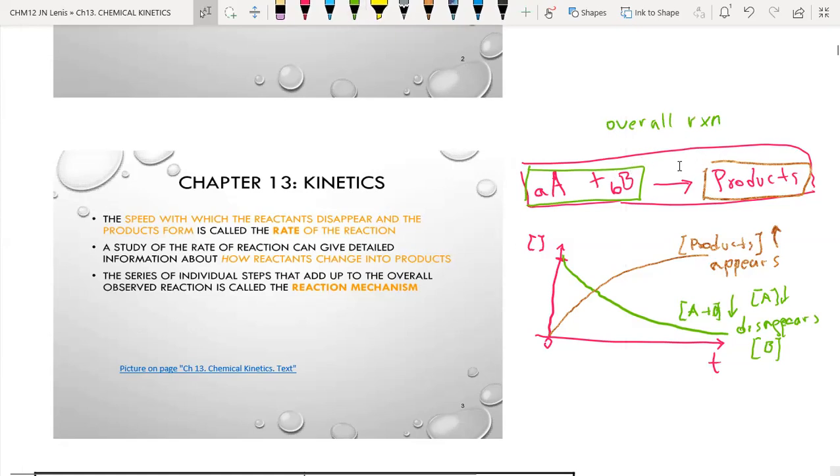Sometimes in a particular reaction it is a lot easier to measure how fast concentration of A disappears. So you use that to measure the whole speed. And that is what we call the rate of the reaction. And that's what we're going to do in this chapter. We are going to measure rates of reaction, speeds of reactions.